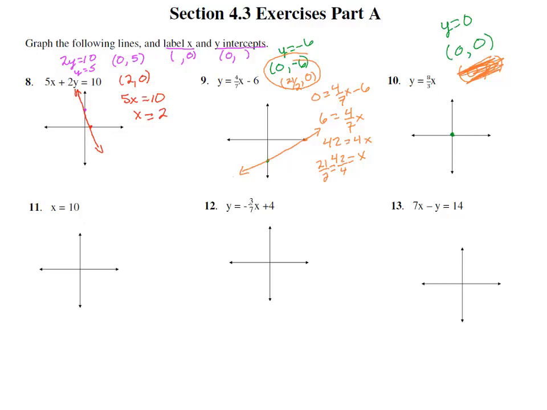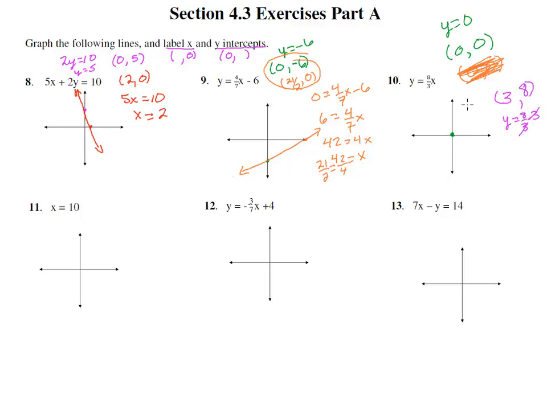Now we have a point, but we don't have any other intercepts. So we did label them, but we've got to find out where the line goes. So we do get to pick a random point since we don't have two intercepts. Pick what would get rid of this fraction nicely. A 3 for x. You can stick in any point you want, but if you stick in 3 for x, you get y equals 8/3 times 3. They multiply and cancel, and so you get y equals 8.